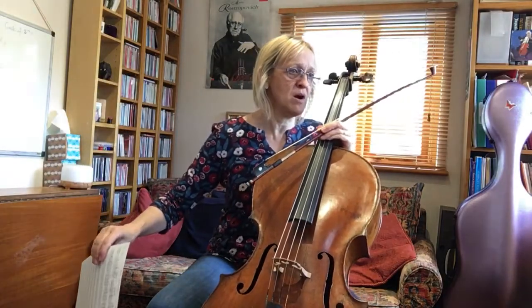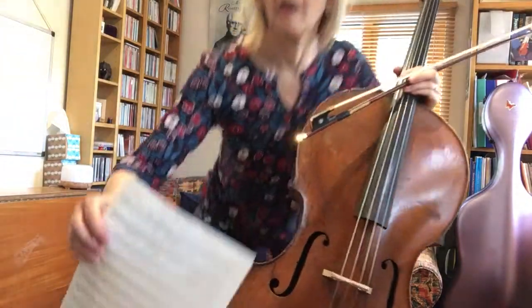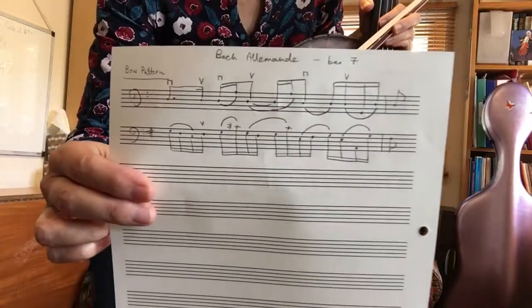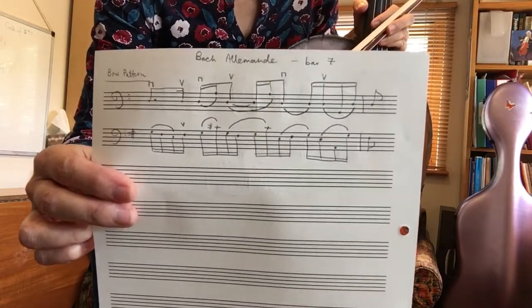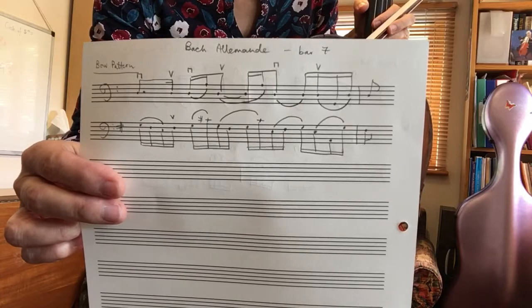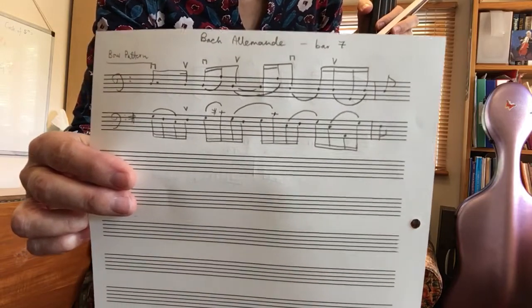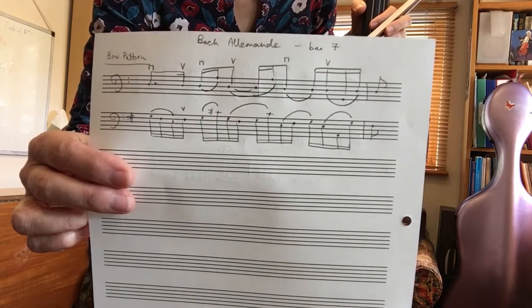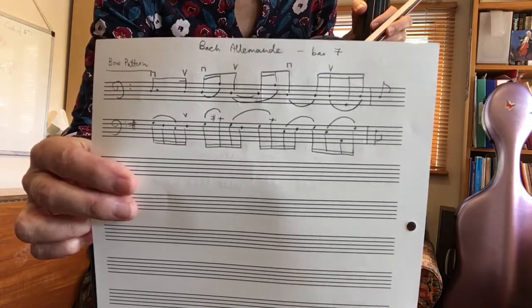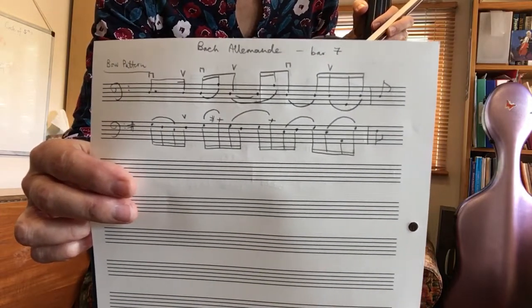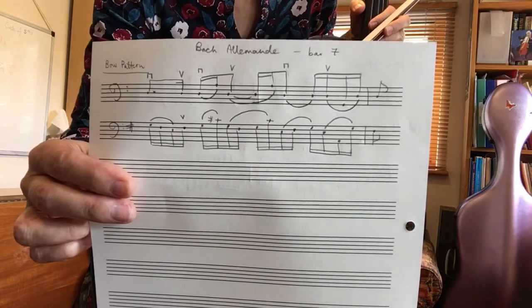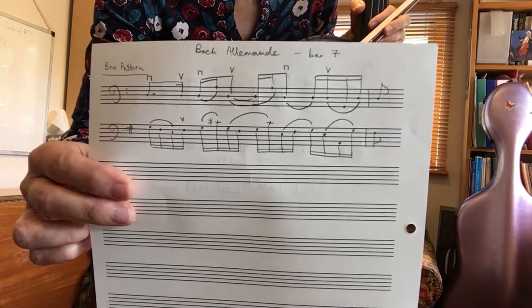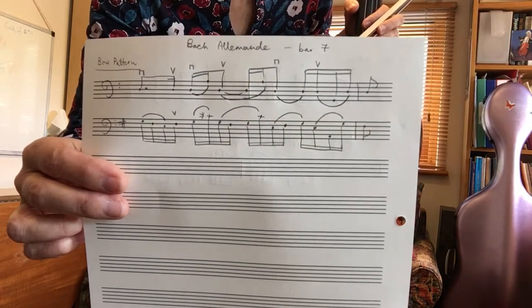And this is bar 7. And here we have the bow pattern and the exact relevance to the notes that we are preparing for. If you get the bow pattern right and comfortable, it'll make the left hand's job a lot easier and the whole thing will flow. You might notice the little tied note right in the very centre of that top line.